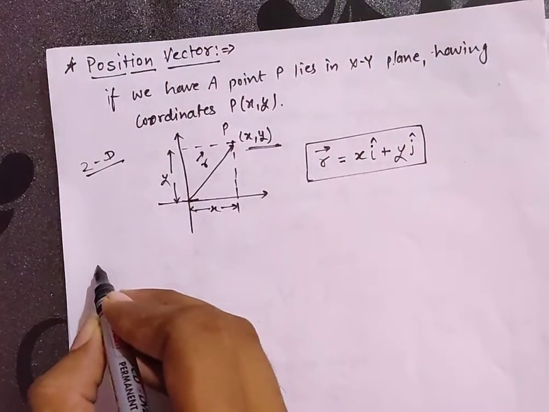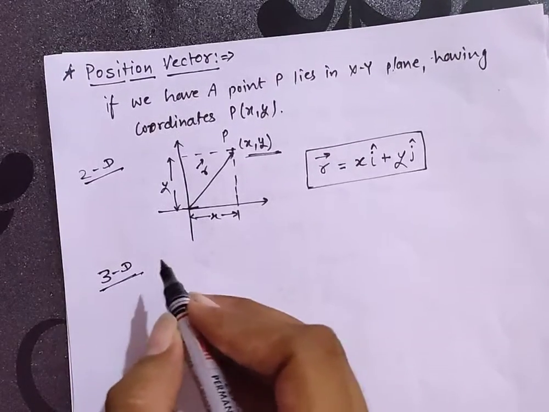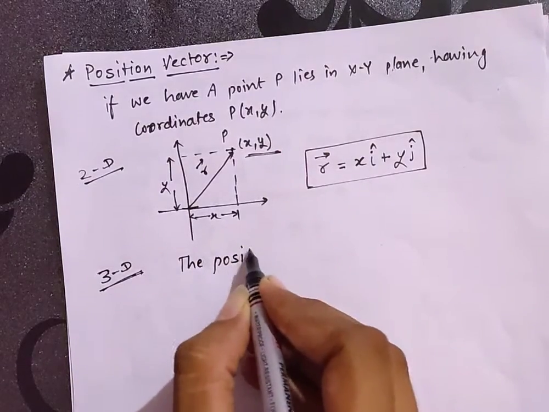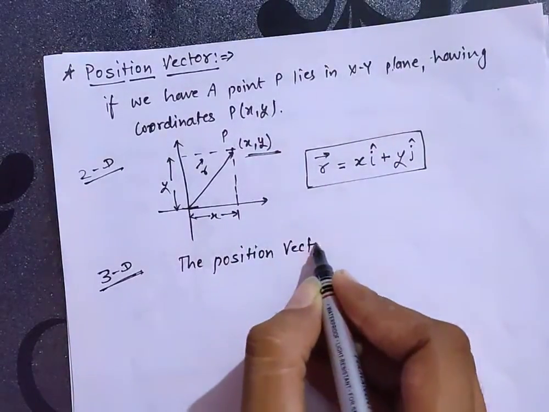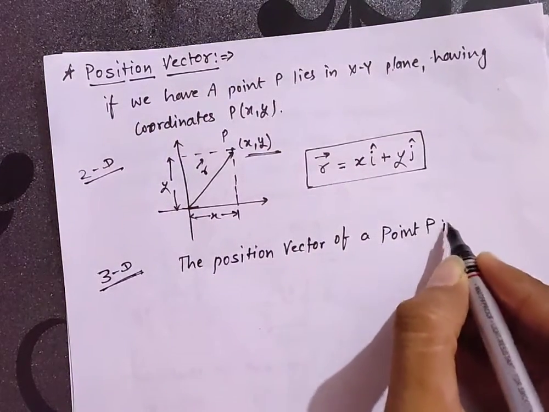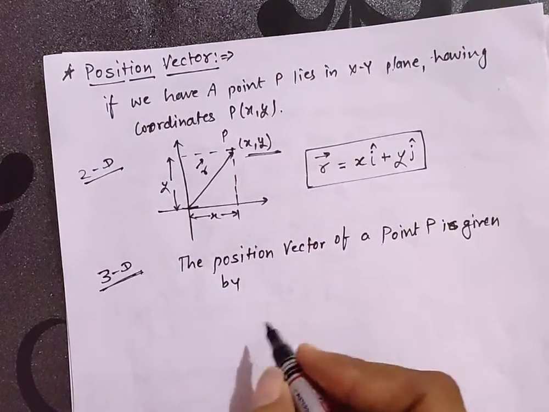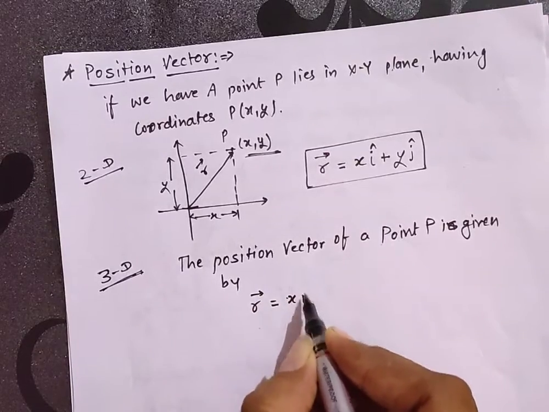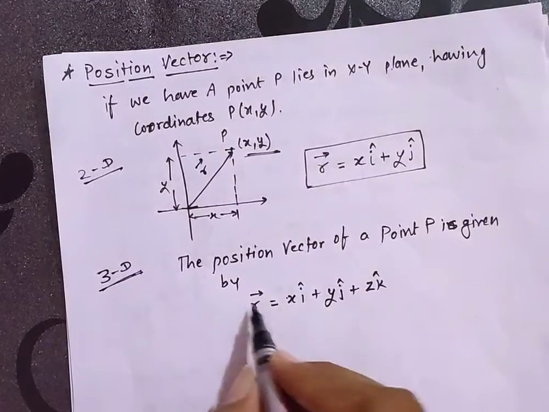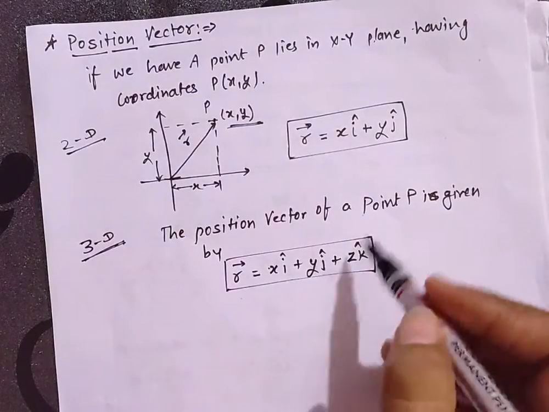And if a point P lies in a three dimensional space, the position vector of a point P is given by r is equal to x i cap plus y j cap plus z k cap, where k cap is the unit vector in the z direction.